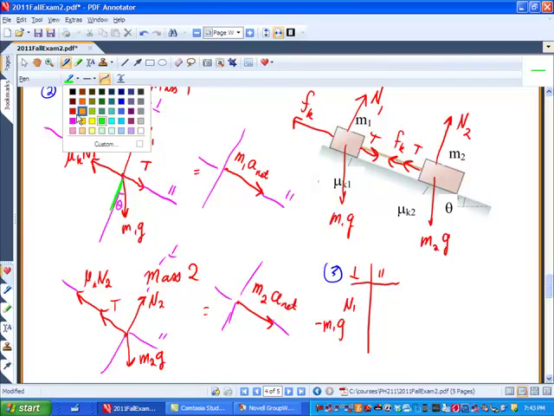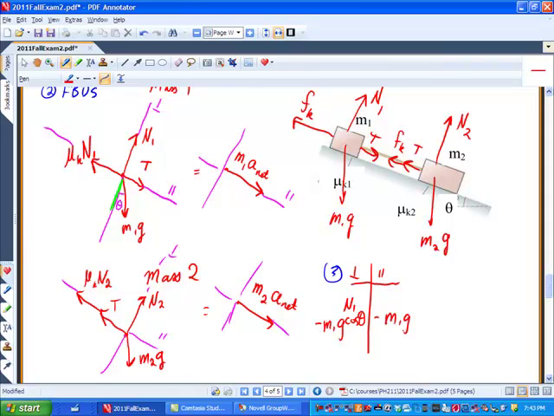So that means M1G adjacent would be cosine theta, which means that it is a M1G sine theta in the parallel and also negative.